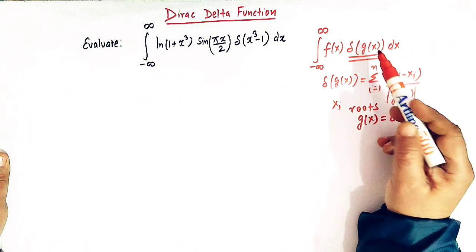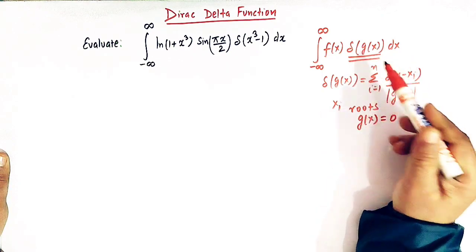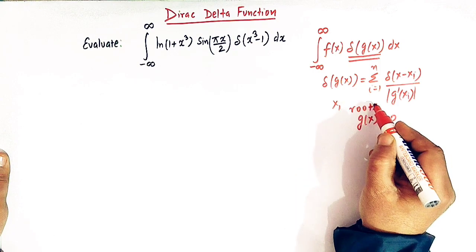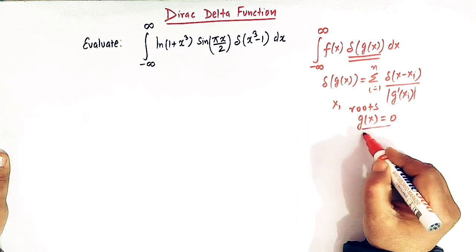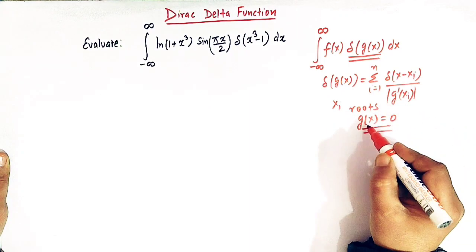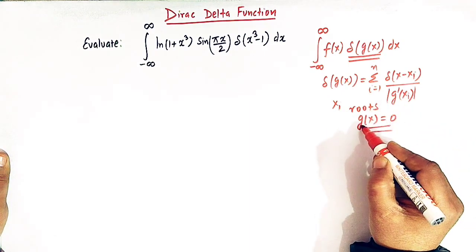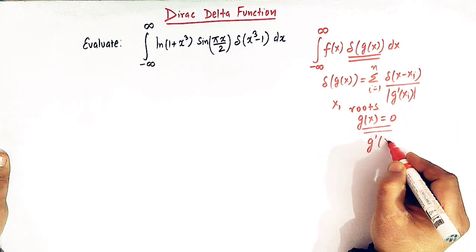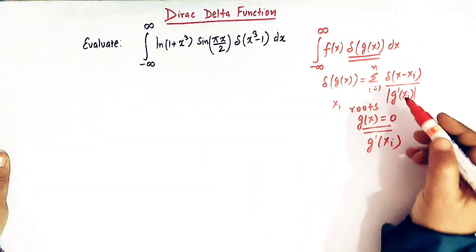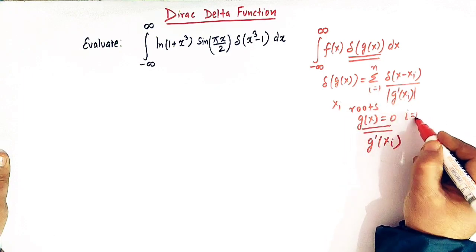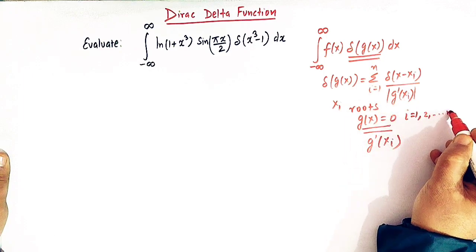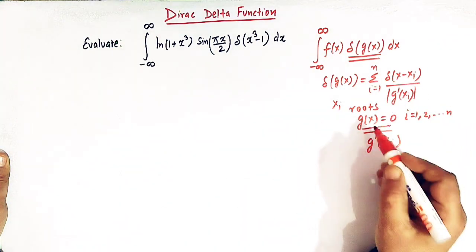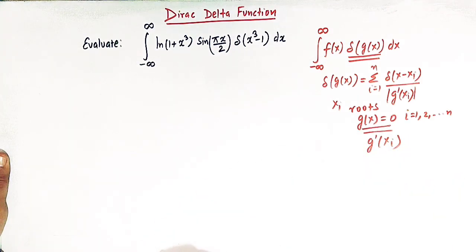So we solve the equation g of x equal to 0, and the xi's are the roots of this equation. Then we find the derivative of g of x and calculate g prime of xi, where i runs from 1 to n, so we are considering the n roots of the equation g of x equal to 0.